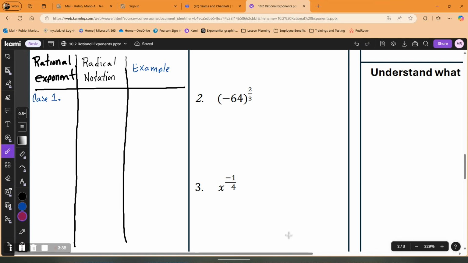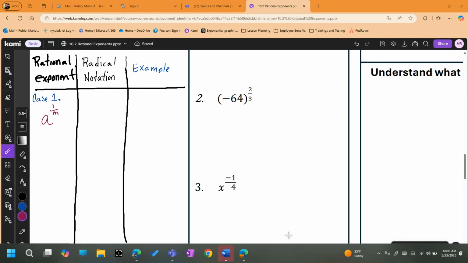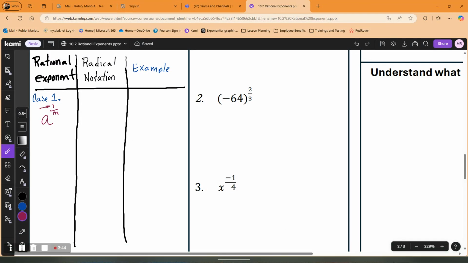So let's look at case number 1. This could be a raised to the 1 over n. The case here is that the numerator is a 1. Okay, this will always be 1 for this case. And here's what the radical notation looks like.